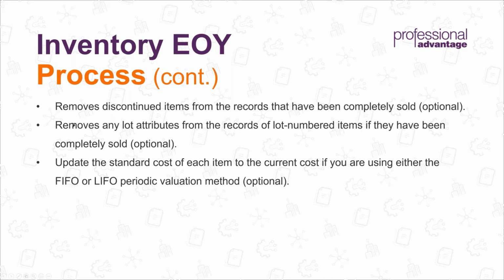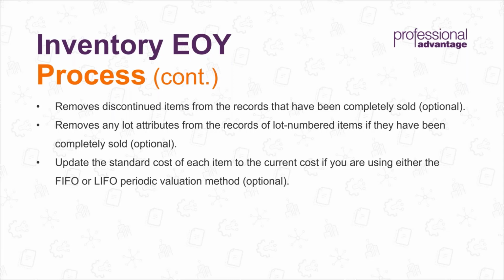And there are a few more things happening too. Depending on the option you choose, it'll also remove discontinued items from the records that have been completely sold, and remove any lot attributes from the records of lot numbered items if, again, they're completely sold off from the system.